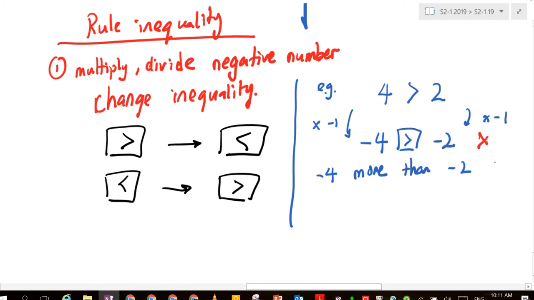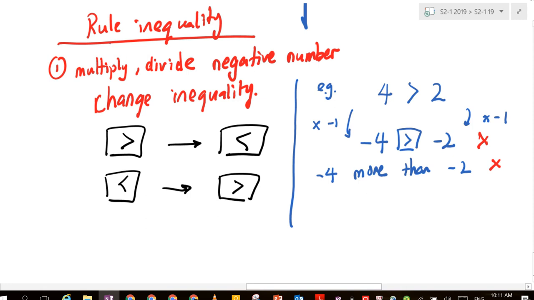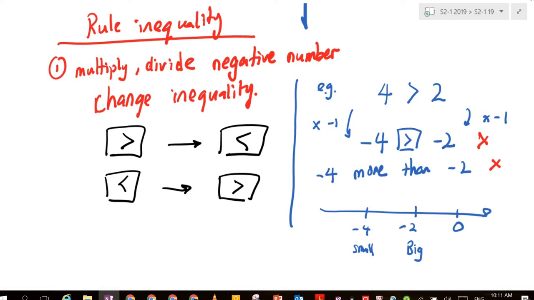Because in actual fact, if I have a number line and then I try and mark down negative 2 and negative 4, which one is bigger? Negative 2. This one is smaller. That is why if you don't flip, it will be wrong. It only applies to negative numbers. And it only applies when you multiply or divide.